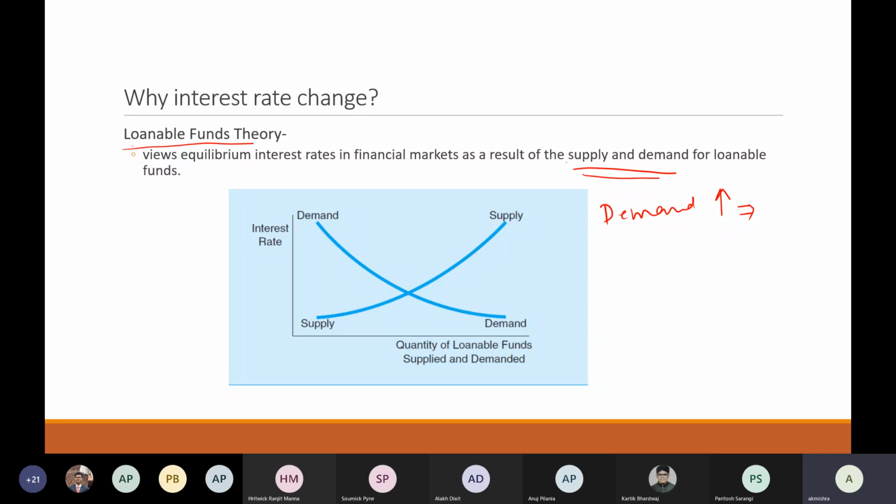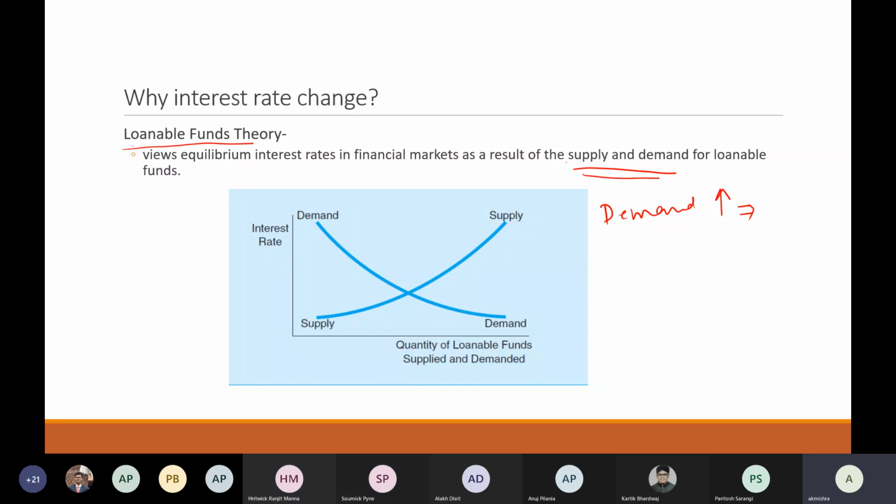Can anybody tell? If demand for funds goes up, considering the fund available is constant, what would be the impact on interest rate? It should increase. Exactly. So increase, basically, it's very basic.